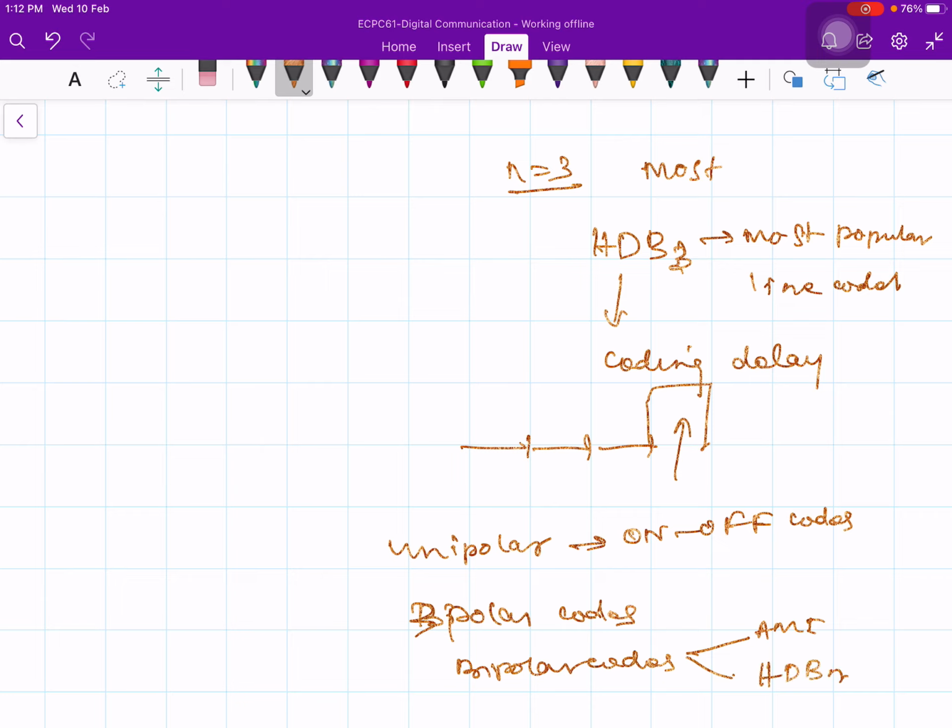Now it will be useful also to study their spectral properties. Suppose you design a pulse shape like this, or a square pulse like this, or a pulse like that. These are all pulses in the time domain, but we don't know how much bandwidth they require. So it will be useful to study their spectral properties in the frequency domain.